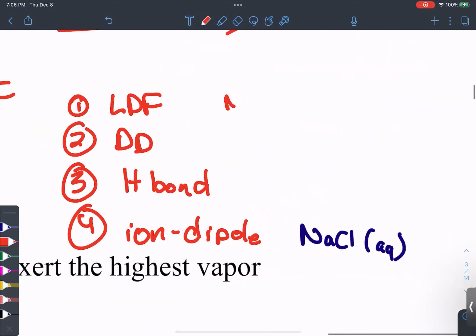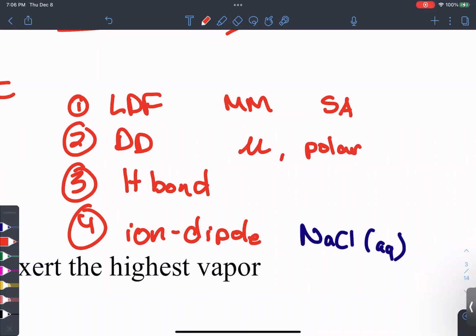So LDF, we look at molar mass or surface area of our compounds. It's most important in nonpolar compounds. For dipole-dipole, we are looking for a permanent dipole in our molecules, so molecules that are overall polar. And then finally, hydrogen bonding, you're specifically looking for a hydrogen attached to an electronegative atom with a lone pair on it.